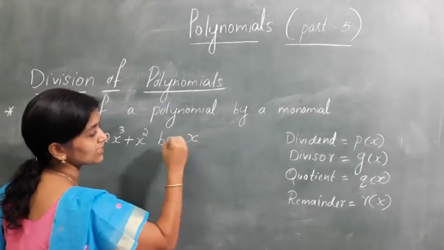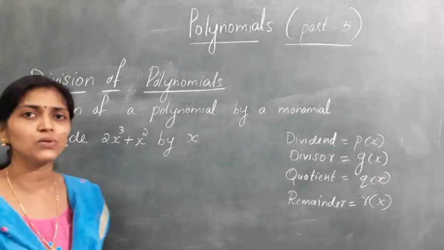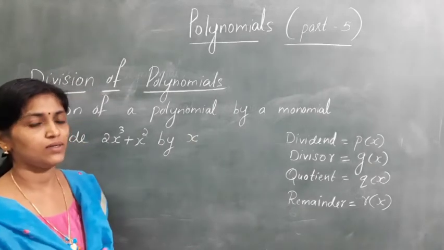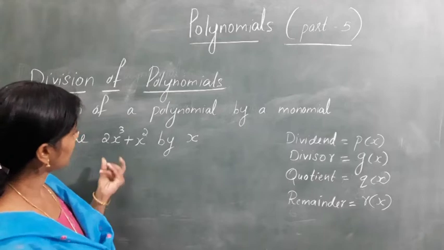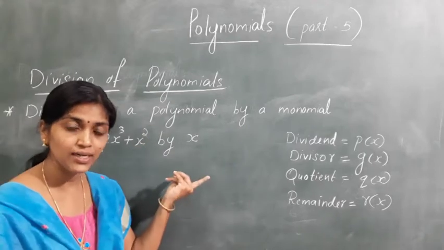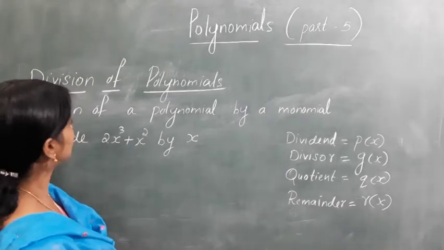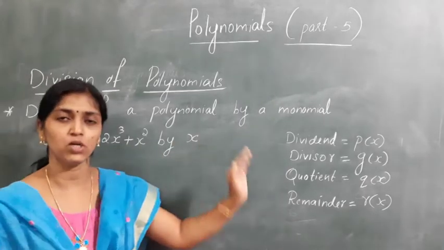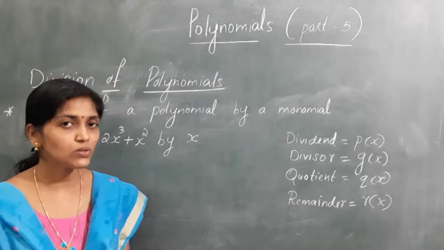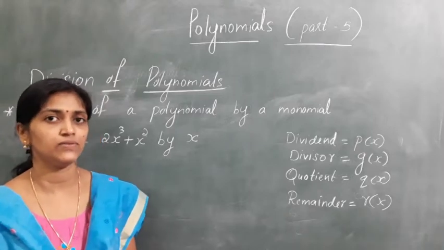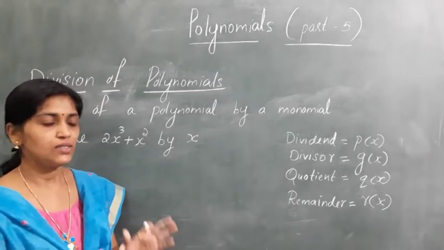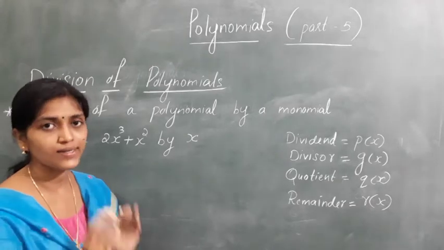Monomial means, you know what a monomial is? That is a polynomial containing one term. And in this case, division of a polynomial by a monomial, we are not going through our usual process of division. Here we are doing it directly.